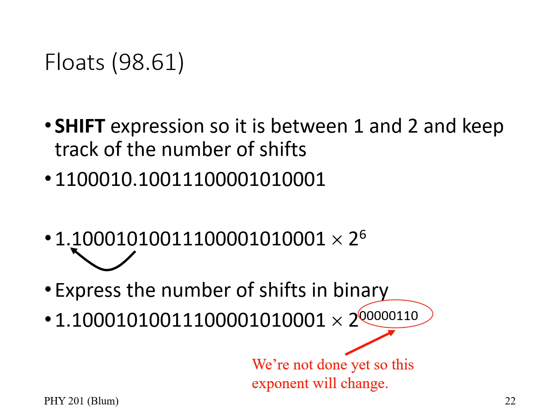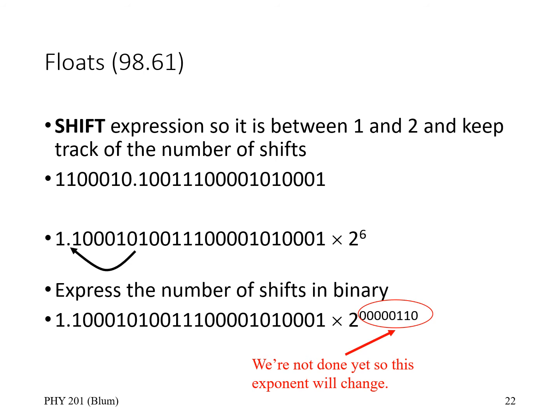So let's look back at our example of 98.61. So we start off with a pseudo fixed point representation of 11000010.100111, etc. And if we're going to apply our scientific notation rule that it should be some digit, dot, and then the rest of the digits, then we must shift the dot 6 places.